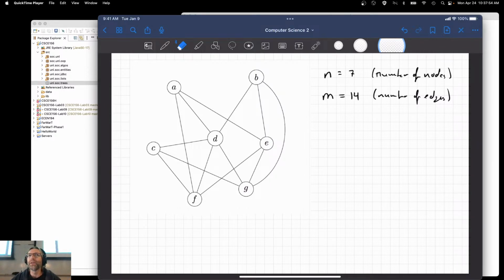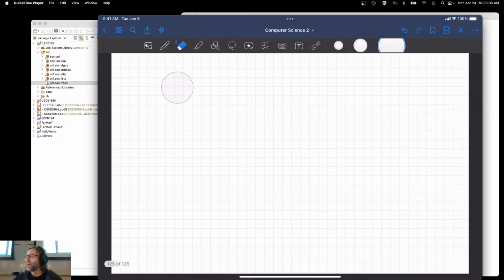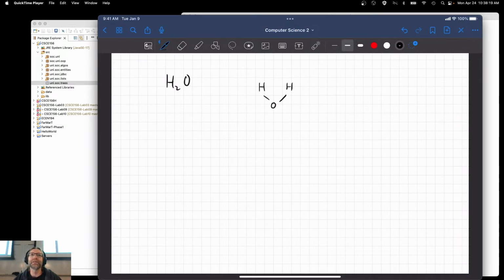In fact, that's what a graph is. It's just a relation, right? So it is used all over the place, not just in computer science. How do you represent H2O visually? Does anybody know? There's an O compound, and then there's two H molecules, something like that.